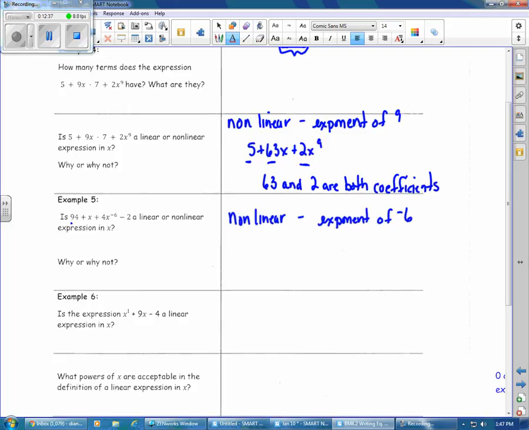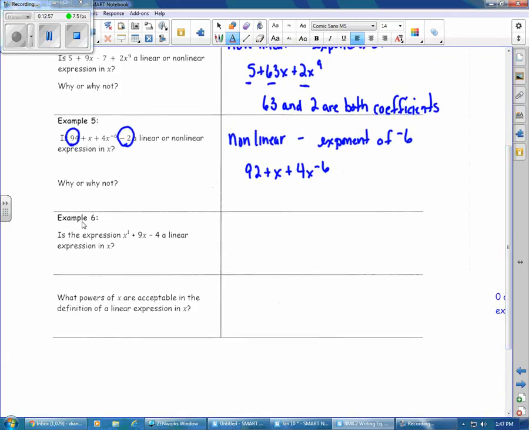I could combine the 94 and the negative 2 and rewrite it as 92 plus x plus 4x to the negative 6th. Still nonlinear, still has that negative 6.